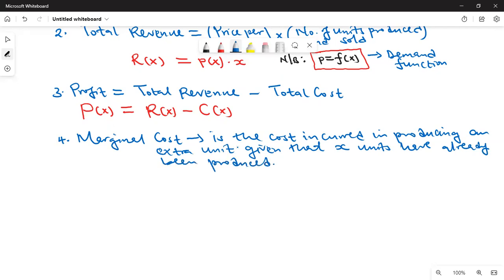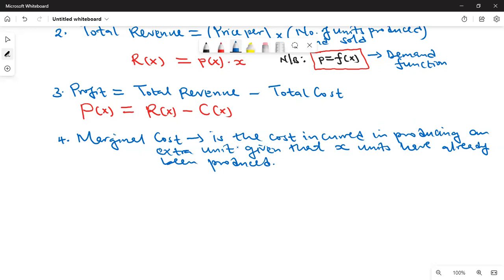So for example, let's say the company has produced 10 units of a commodity, and now you want to know how much will the company incur by producing the 11th unit. You have produced 10, you want to produce an extra one so that the total number of units produced will be 11. How much will you incur by producing that extra unit?